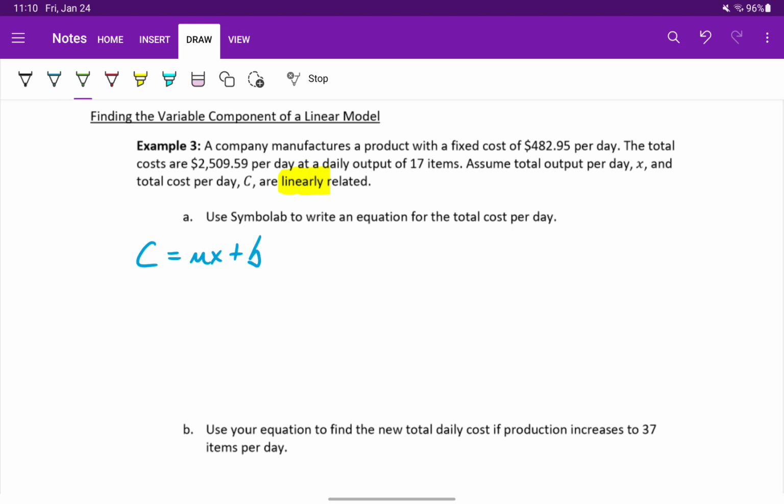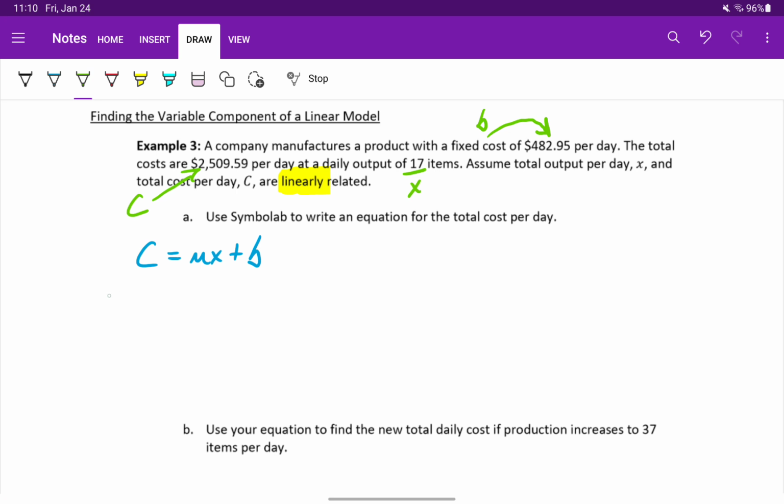Then we need to look at the problem and determine what information we're given. We're told we have this fixed cost. That's our value b in that equation. And we're given a value for total cost, which is going to be our value for C, at a daily output of 17 items, which corresponds to our X variable.